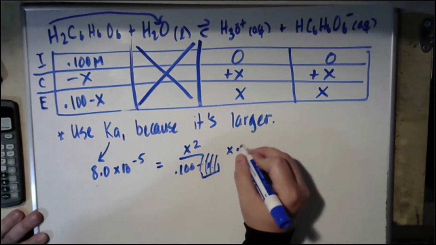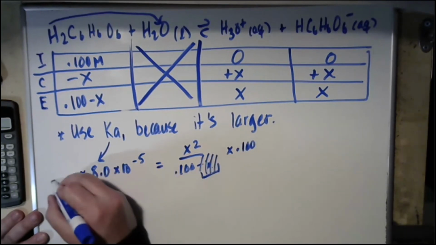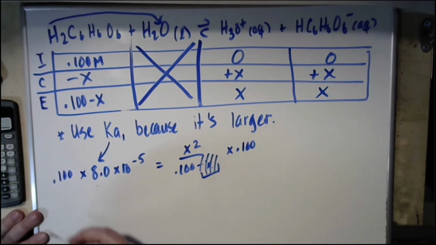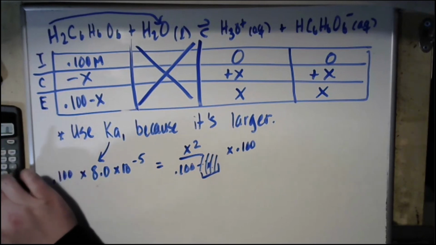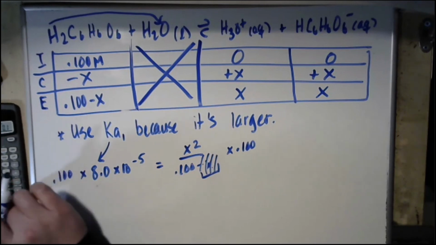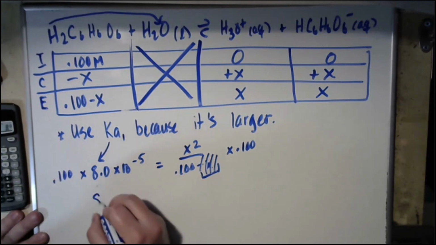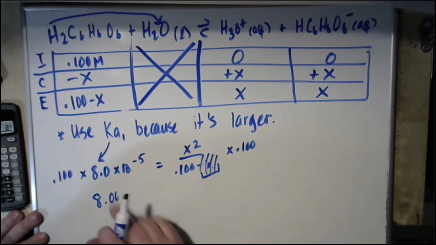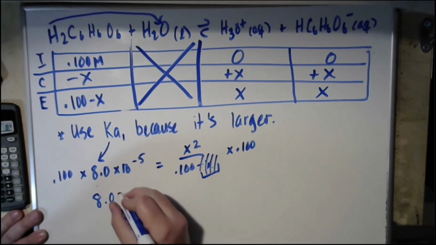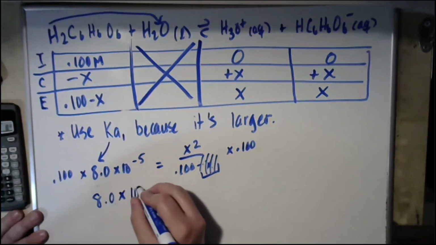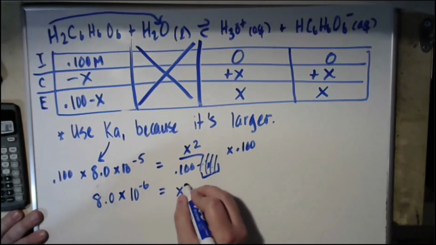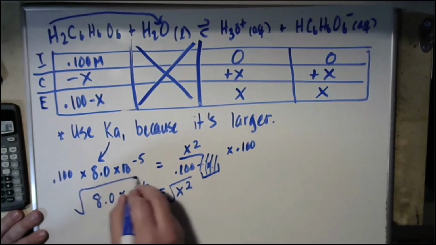We'll multiply both sides by 0.100, and then we'll take the square root.